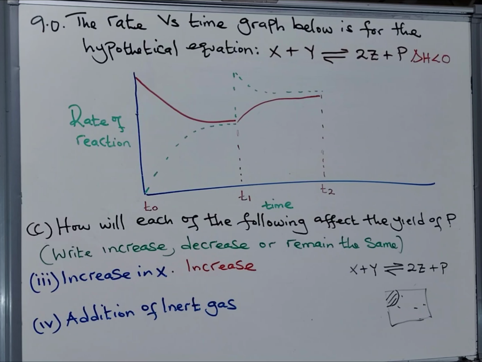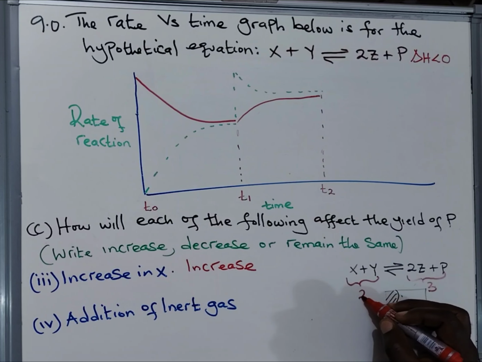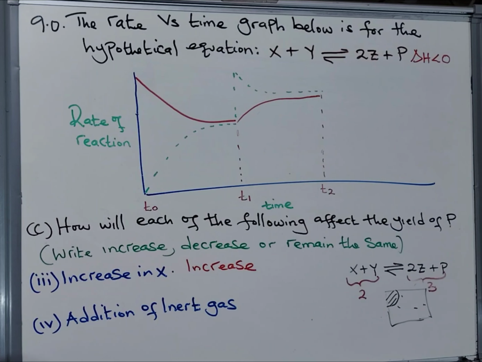The question is, when you increase pressure, what happens? Remember, to predict pressure, you need to count. This side will have 3, and this side will have 2. And if you're increasing pressure, what does Le Chatelier say?